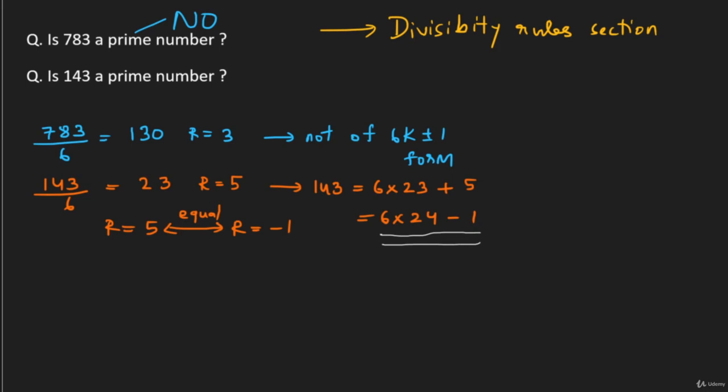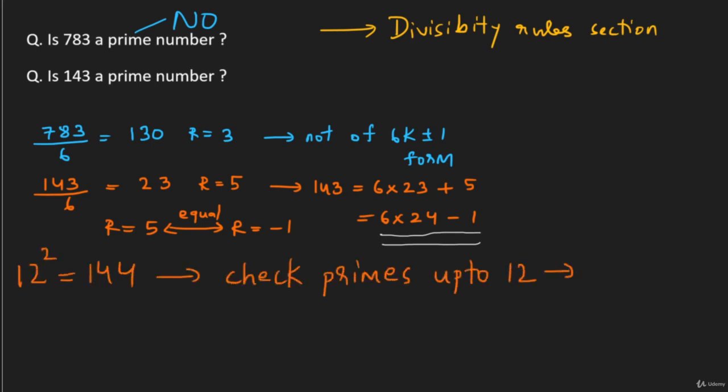So the first step is to identify the next higher square number, and we know that 12 square is equal to 144. Therefore, you need to check primes up to 12. You need to check whether those numbers will divide 143 or not. Now, what are the prime numbers up to 12? The prime numbers up to 12 are 2, 3, 5, 7 and 11.